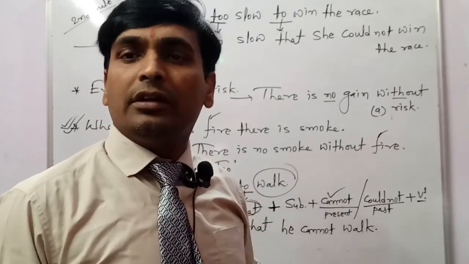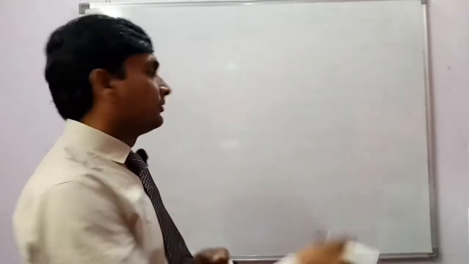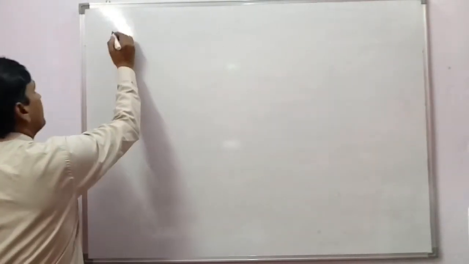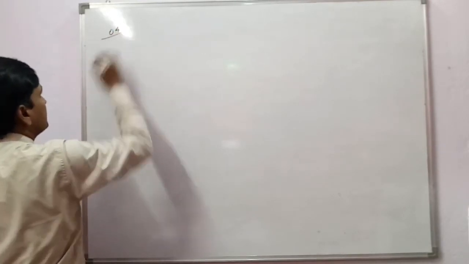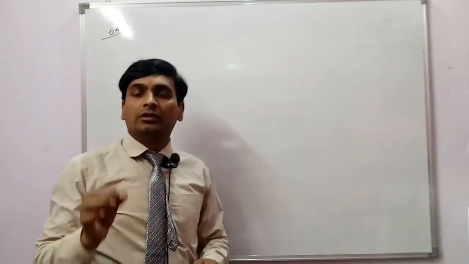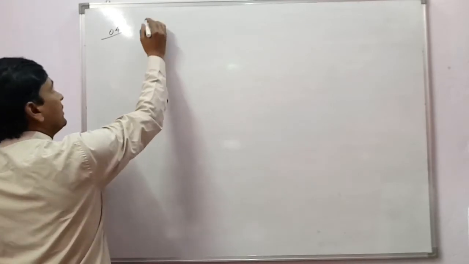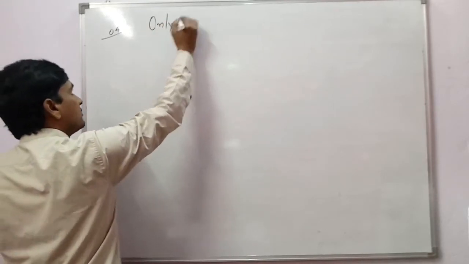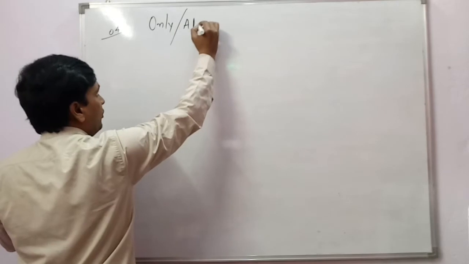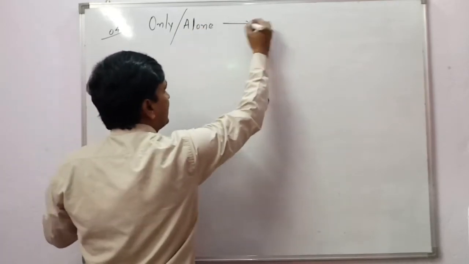Now let's move to the next rule, rule number 4, I think. Rule number 4 tells us that in case of "only" and "alone", it will be changed into "none but", and in case of "as soon as", it will be changed into "no sooner than".